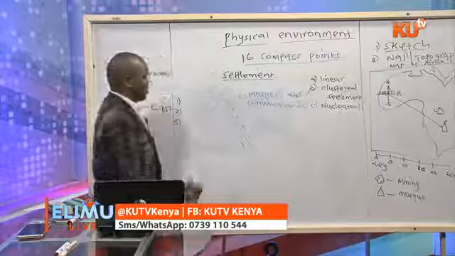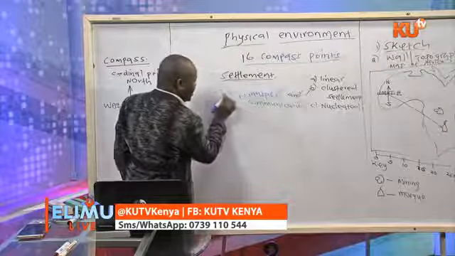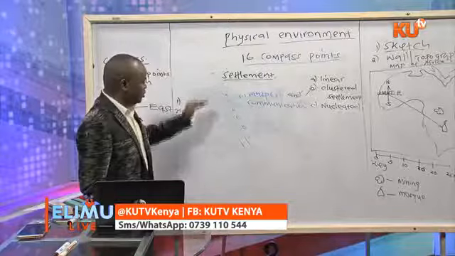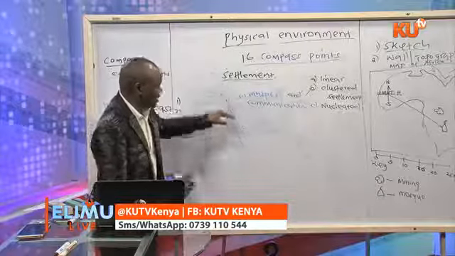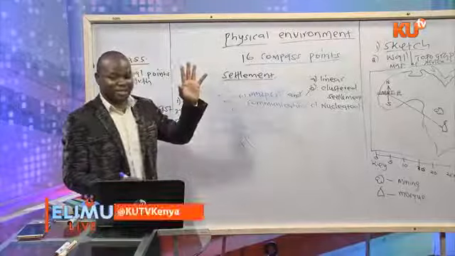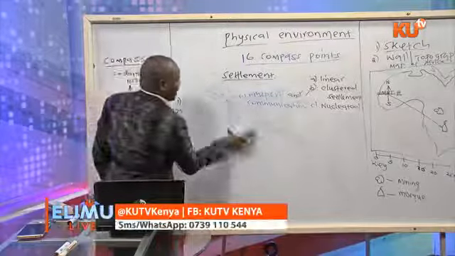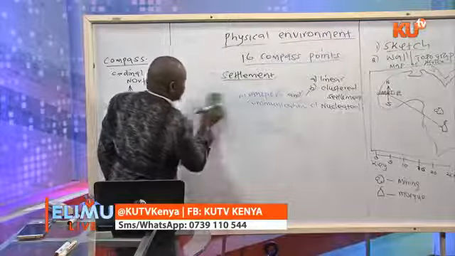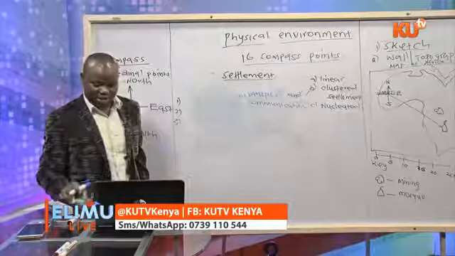This is the main factor that has influenced it, because the people choose to live along that path. Then at times you'll find people settle around the center.